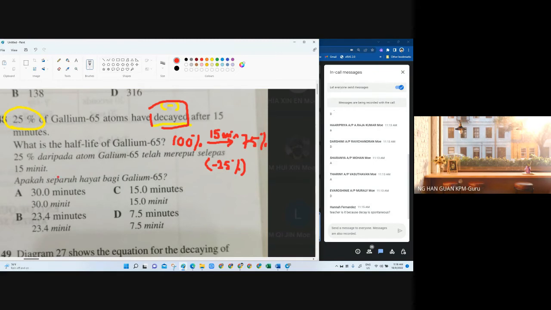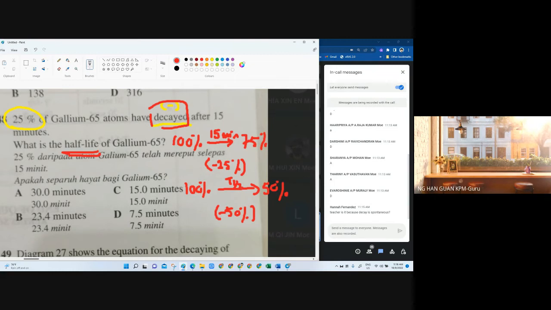So now the question is asking about the half-life. Half-life means that we want to know when 100% becomes 50% left, meaning you decay 50% and remain another 50%. So they're going to lose half.